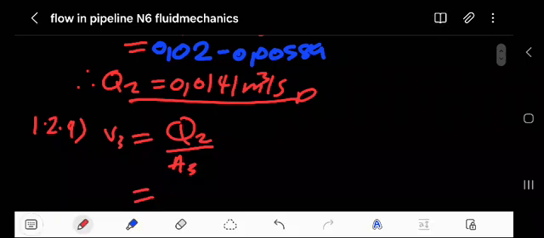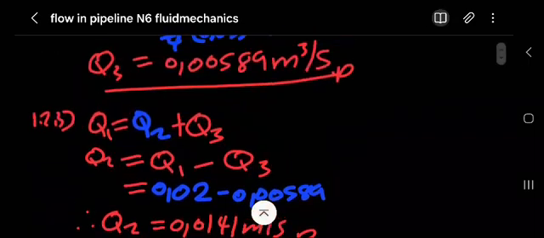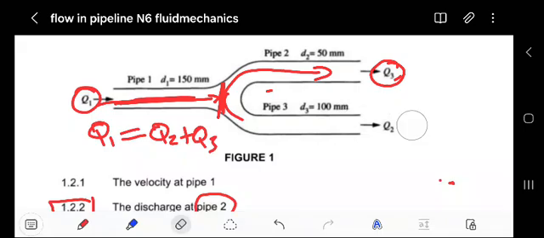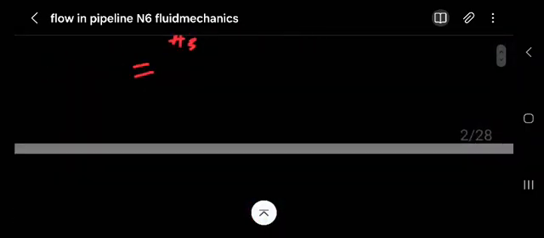Check, they try to confuse you with the way they've made the lettering. The pipe 3 is denoted by Q2, and the one on top, pipe 2, is denoted by Q3. So do not make a mistake there. They just want to play with you.